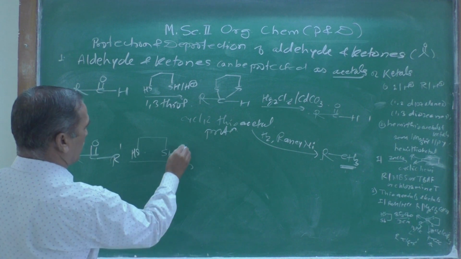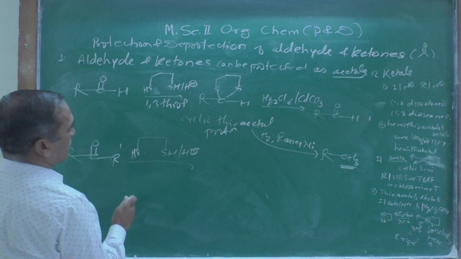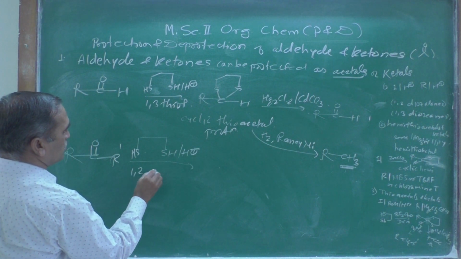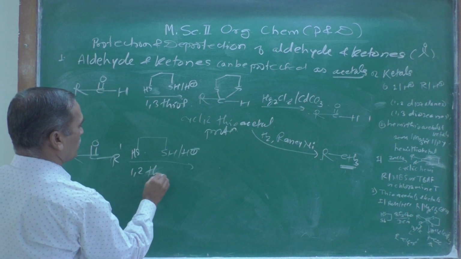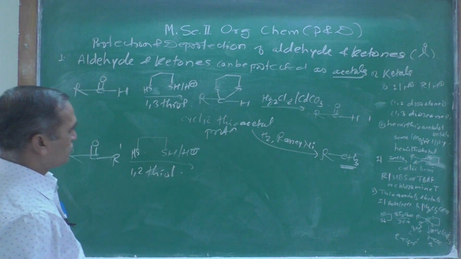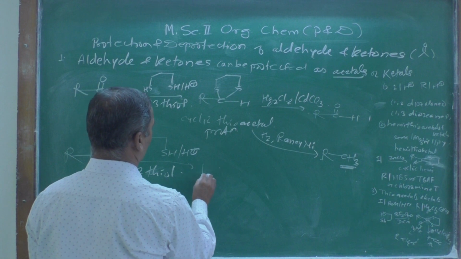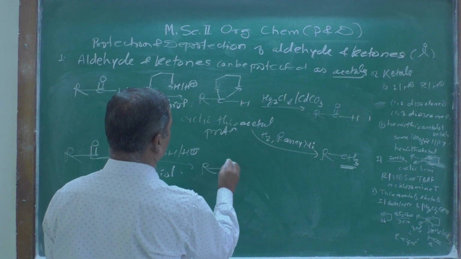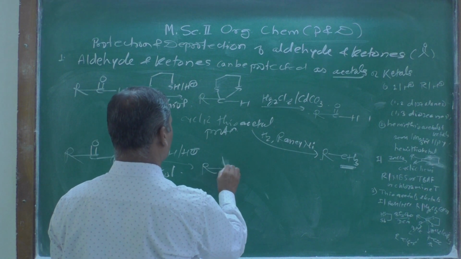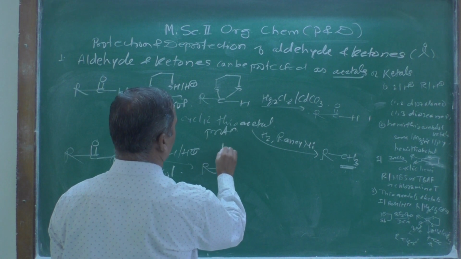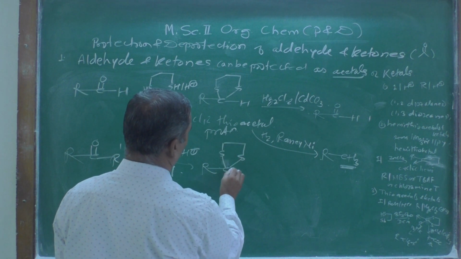Here I am specifically mentioning a 1,2-thiol. In a 1,2-thiol, what are you going to get? You are going to get R, C, then this one, a 5-membered ring you are going to get here.